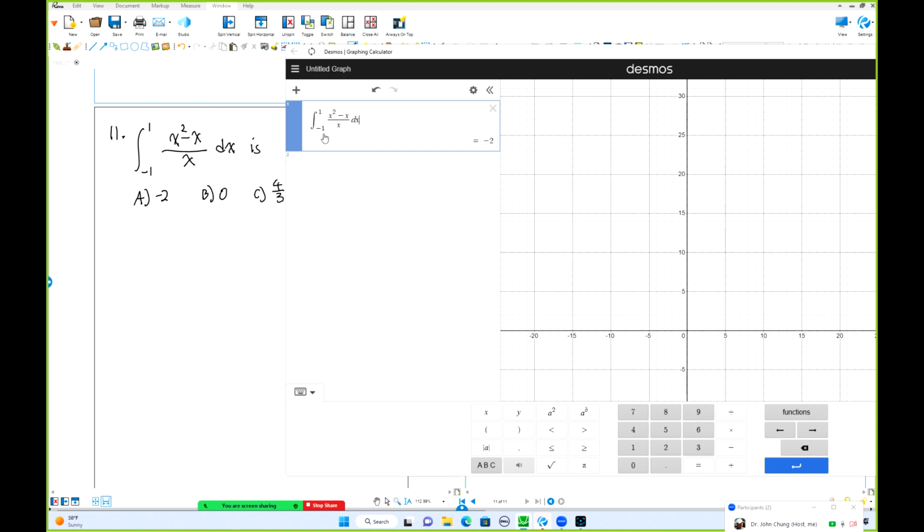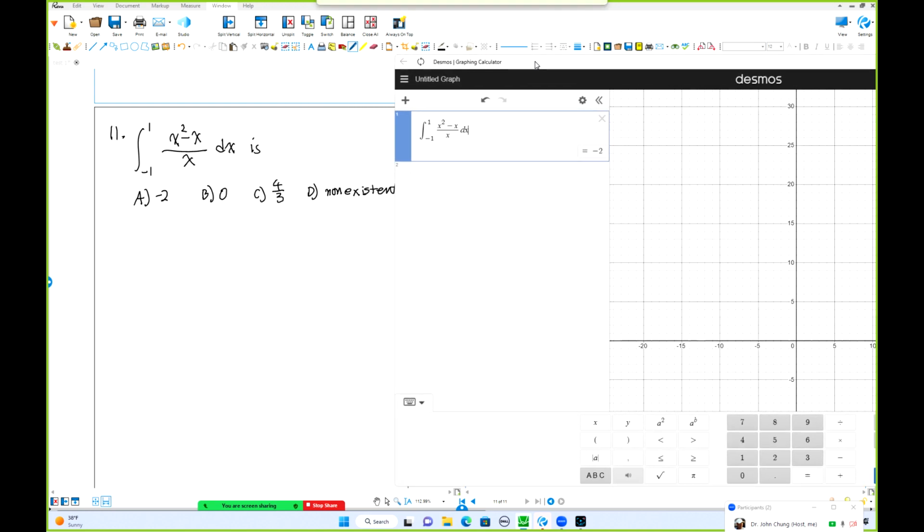This one is what? Negative 1, 2, 1. That is negative 2, the answer. Is it okay? Anyway, the answer is negative 2.